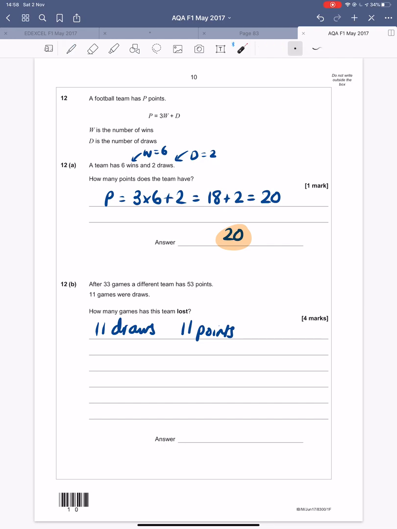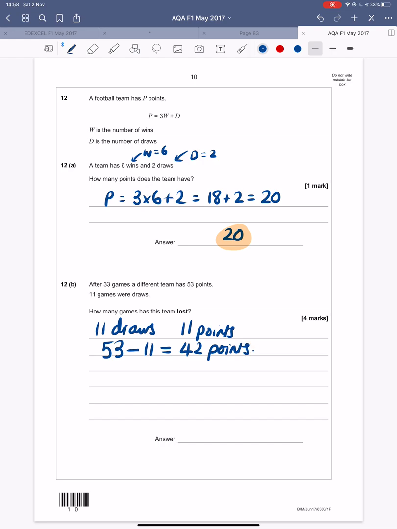And where I've got that from, even though it doesn't say, is because it's 3 points for the number of wins and 1 for the draws. So because there isn't a number there, it's a 1 for those number of draws. So 53 minus 11, 42 points left over.